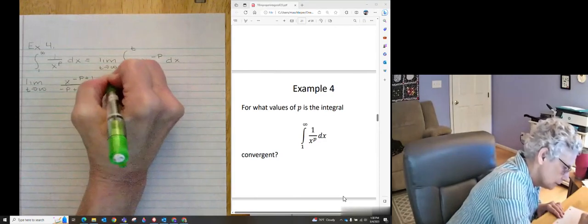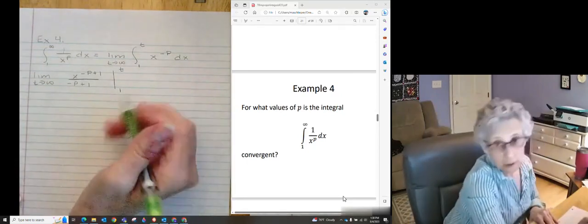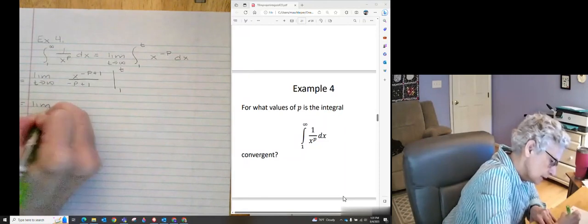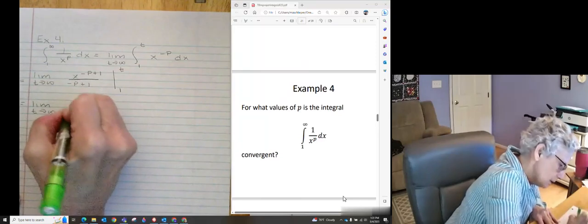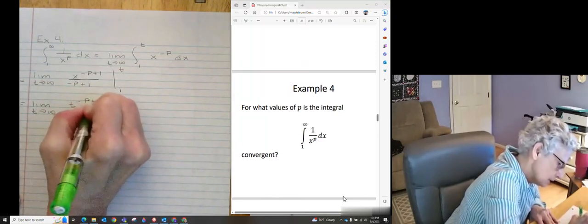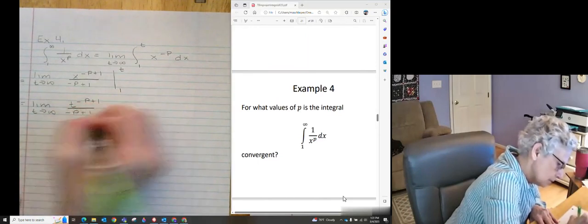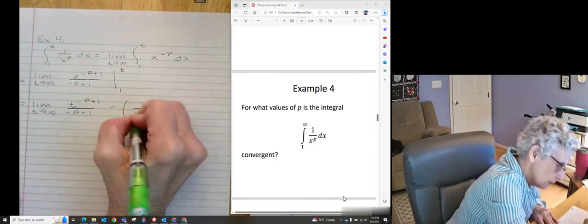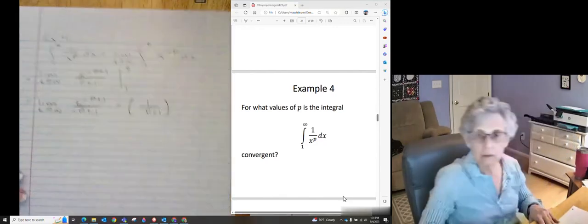From 1 to t. Plug in t. Limit as t approaches infinity of t to the negative p plus 1 over negative p plus 1, minus 1 over negative p plus 1.